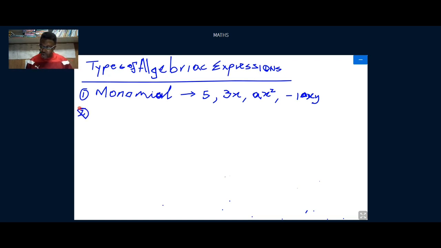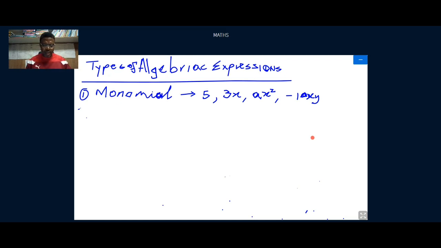And then you find a binomial. On the binomial, you have two terms. Most people think that a binomial has got anything to do with the power. For instance, people normally think of difference of two squares.